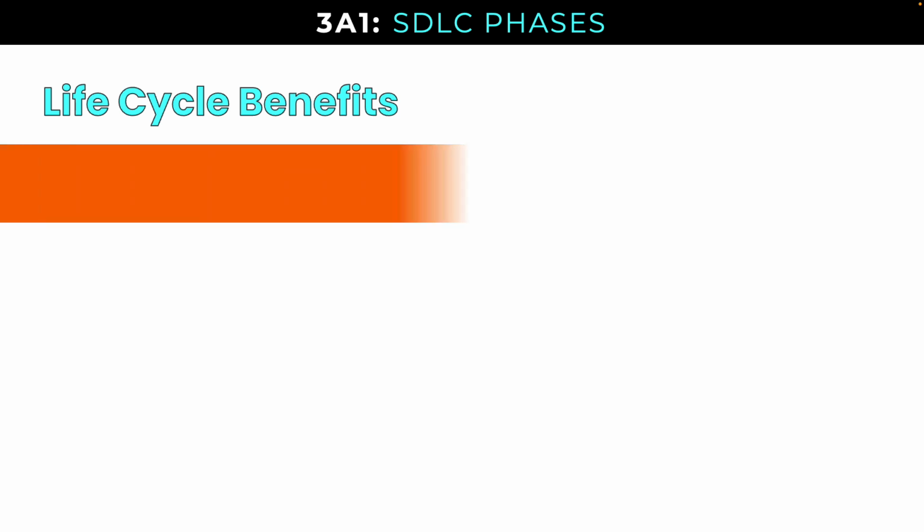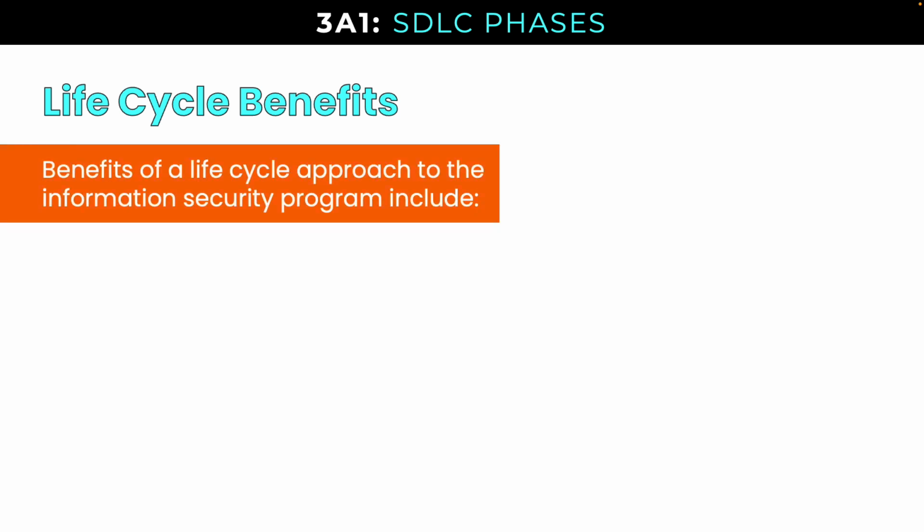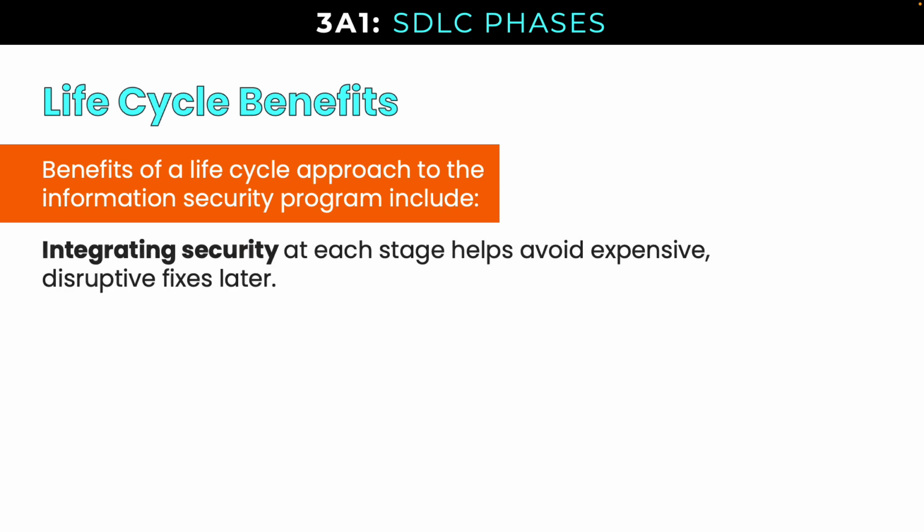So through the lifecycle, we're going to see benefits to the information security program itself. Because number one, integrating security at each stage helps avoid expensive, disruptive fixes later. Remember that when we shift left with our effort in security, it's going to be less expensive than if we wait until we release a service and then try to bolt on security after the fact.